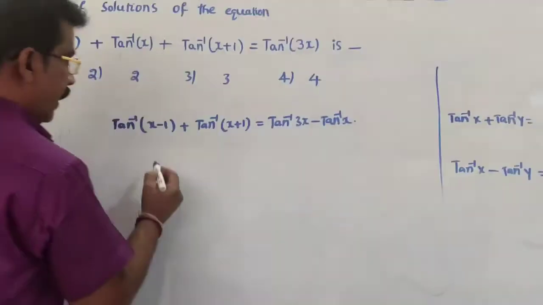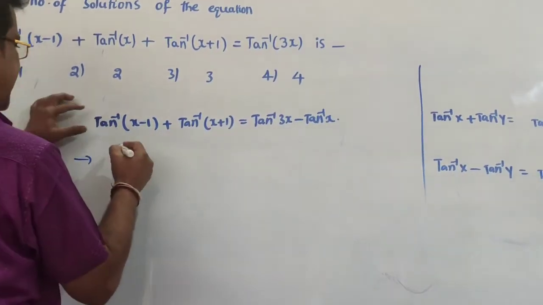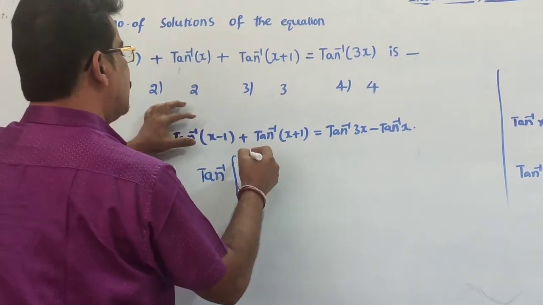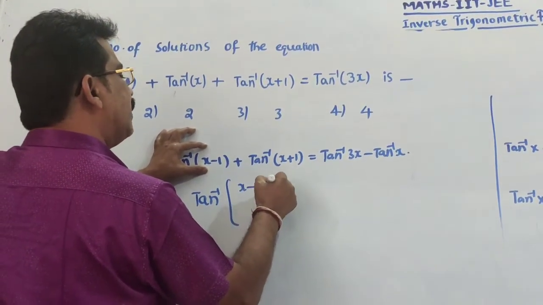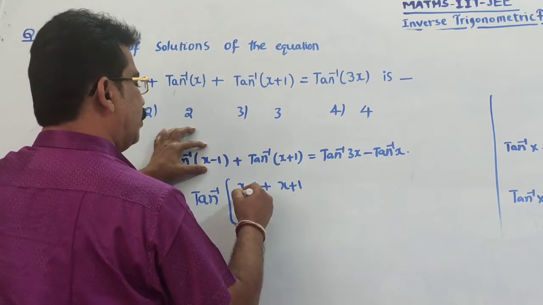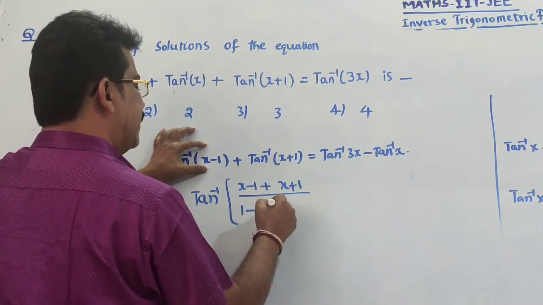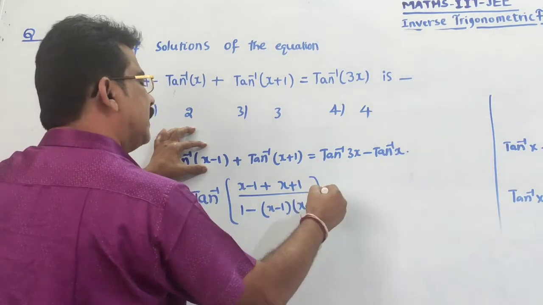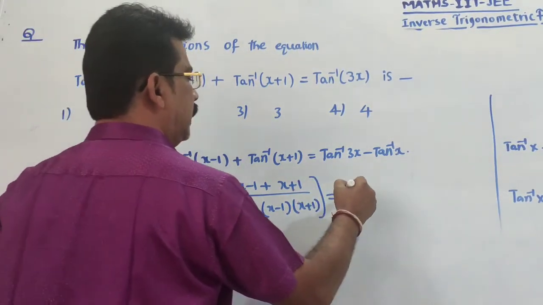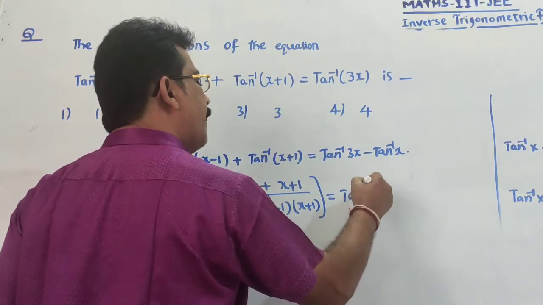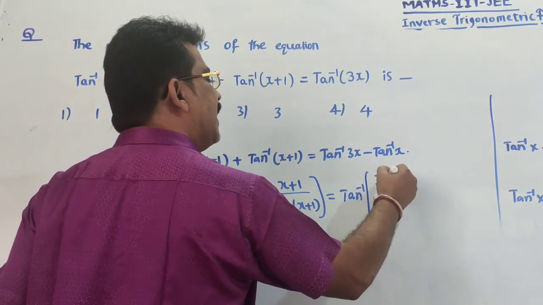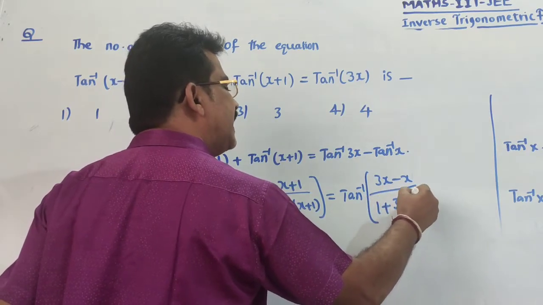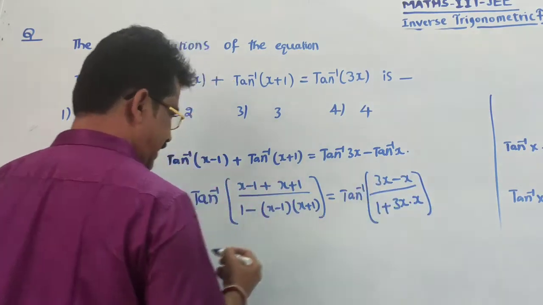So, using that, LHS is tan inverse of x minus 1 plus x plus 1 divided by 1 minus x minus 1 into x plus 1, which is equal to tan inverse of 3x minus x divided by 1 plus 3x into x.